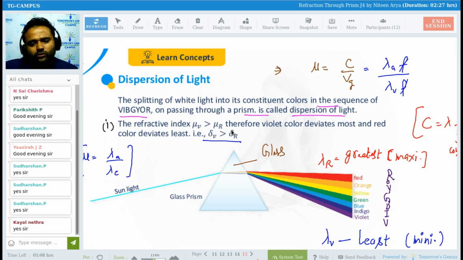There is refraction, and a breaking into 7 color components, and the red color deviates less, and this is my violet, it deviates the most.